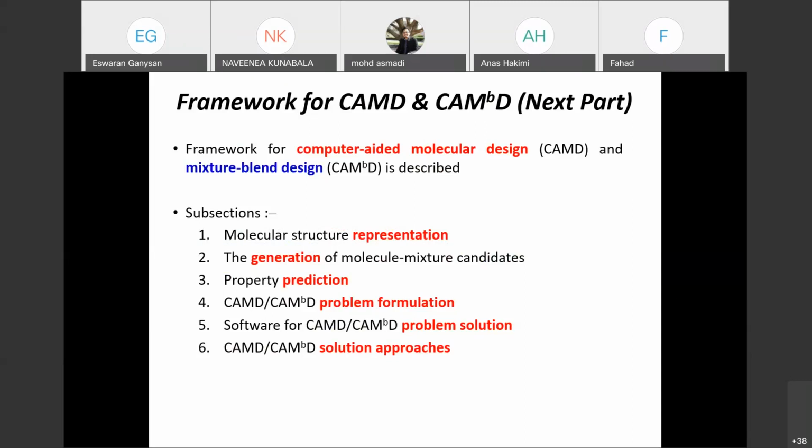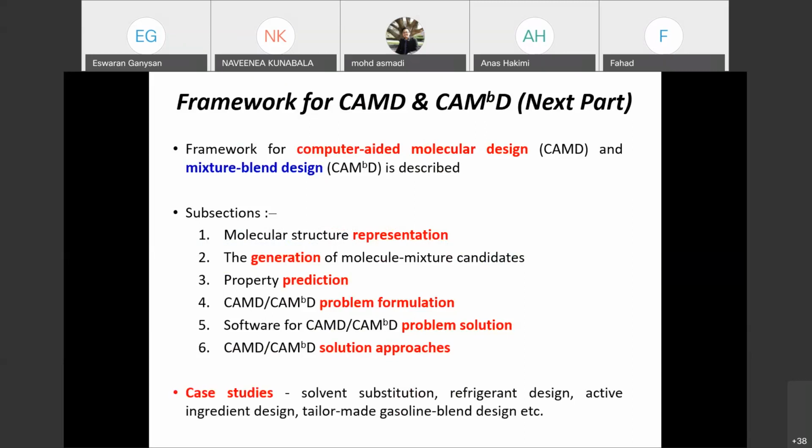And also some case studies, such as gasoline blend. If you remember, there's a blend of gasoline with additives or biofuels. Also solvent substitution, refrigerant design, and active ingredient design. These are the case studies that you're going to cover later.